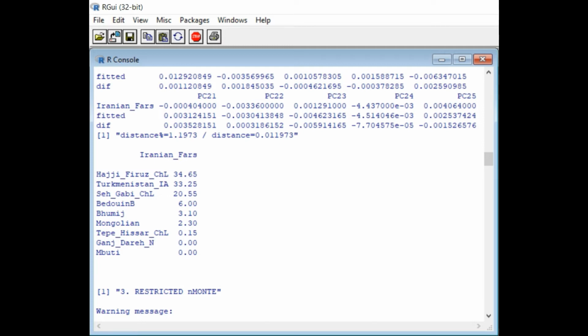So according to this, the Iranians from Fars are around 95% Caucasoid, and they are primarily derived from native populations from Haji Firuz and Saga B, but they also have around 33% early Iranian admixture and only 6% Semitic admixture.